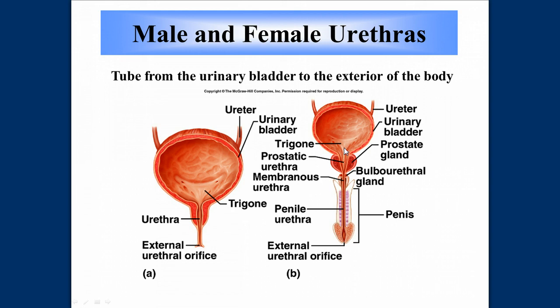So it's divided into the prostatic urethra, membranous urethra, penile urethra, and then the external urethral orifice.